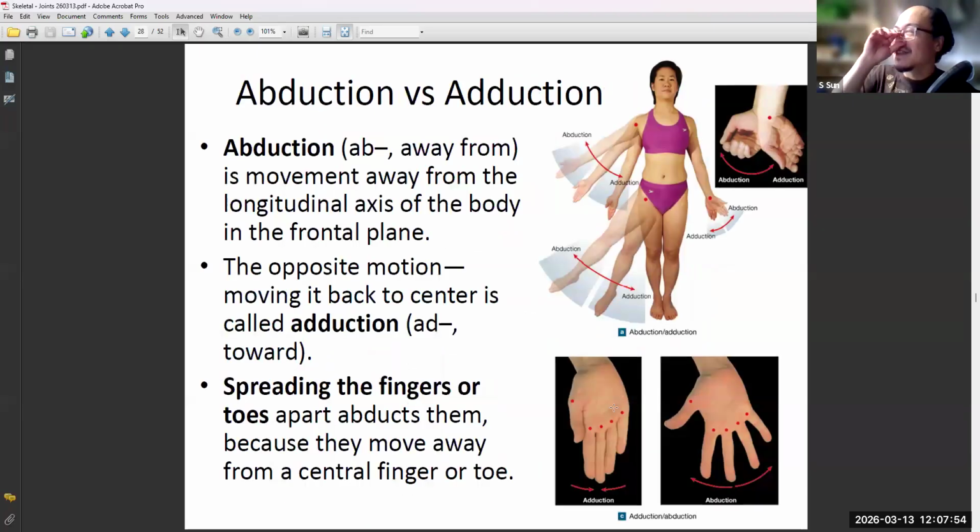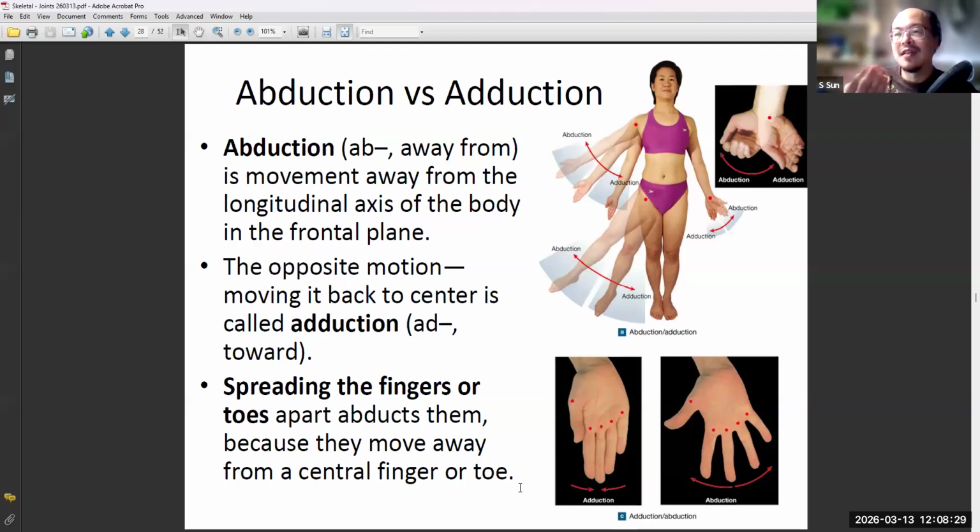So abduction or adduction is in the frontal plane. That's another way to say it. The frontal plane. The abduction is away from our longitudinal axis. Adduction is coming back. Fingers, the same thing.